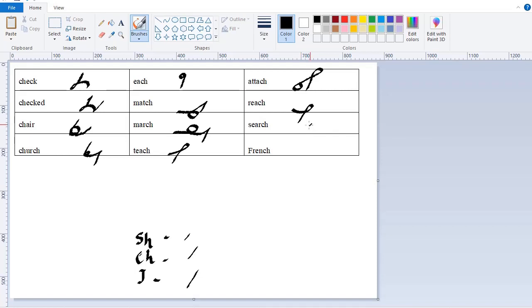Next, "search." We have S, E, R, CH. Search. I'm sorry. Next, we have "French." So, French, FR blend. We have FR blend, and then E, and then N, and then CH, and of course, don't forget your capital symbol. Okay, so those are our words for the CH sound.